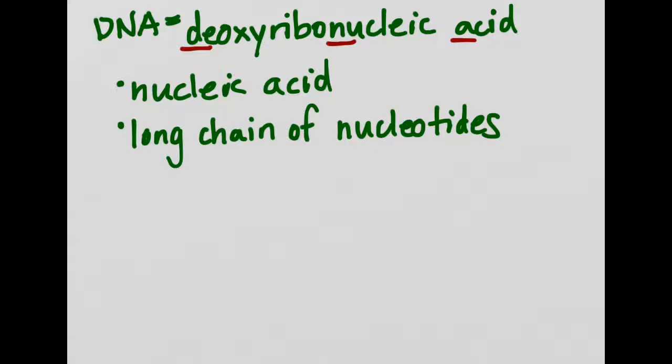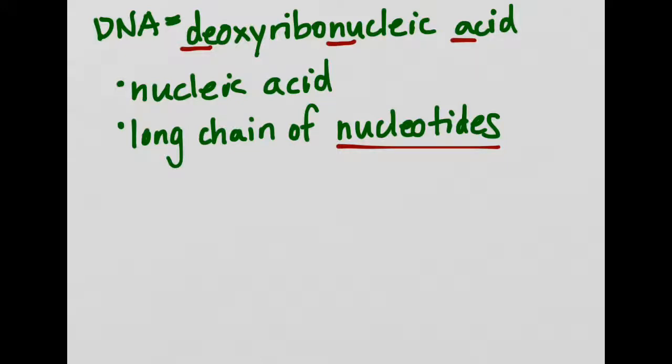Nucleic acids are a macromolecule, right? We have those four biomolecules, and nucleic acids are one of them. They're made up of smaller subunits that are linked together to form long chains. The nucleotides are the building blocks of the nucleic acids.